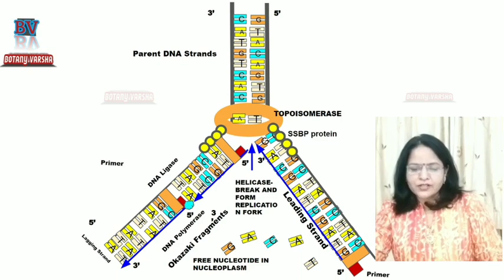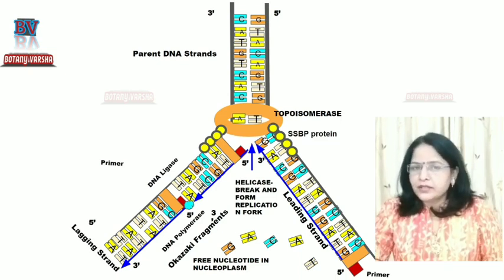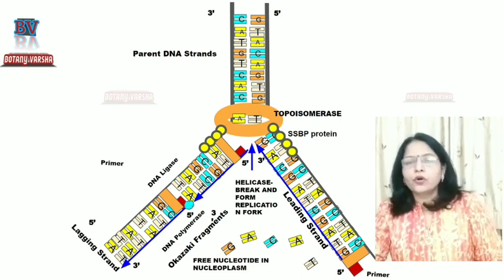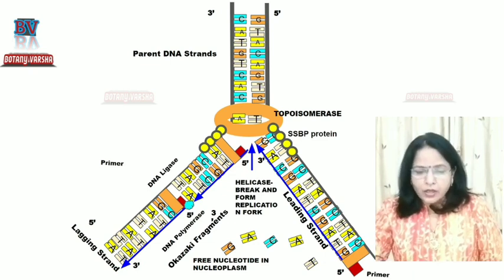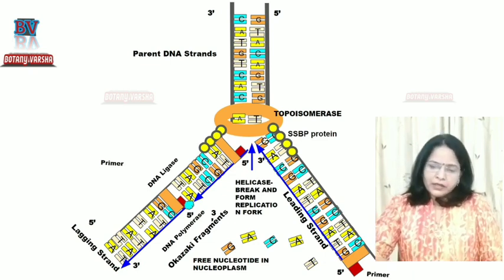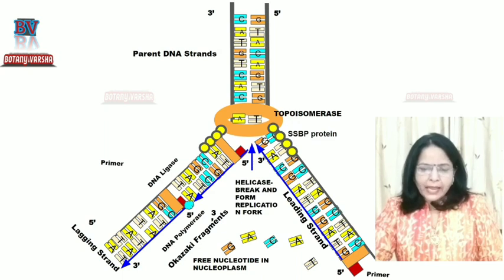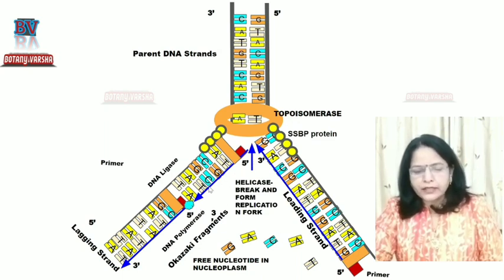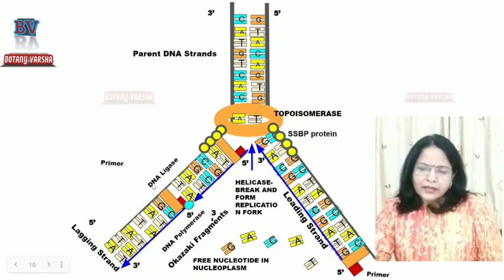In this process, only one primer is required, because there is continuous DNA replication. And after some time, the gap which is produced between the Okazaki fragments is filled by DNA ligase, and again these discontinuous small fragments convert into a continuous fragment.